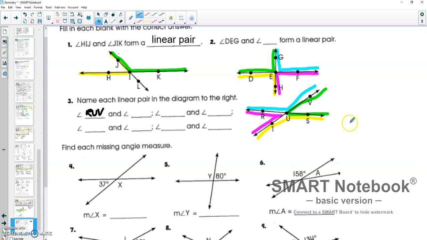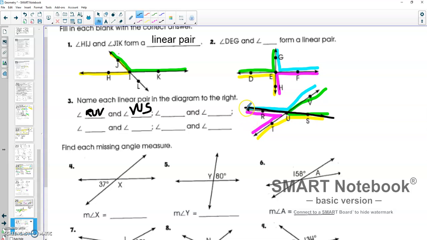This blue RUV, it makes a line with what other angle? I'm looking for a straight line. I know it also pairs with the green one, because if I put those together, I get a nice straight line like that. So that means the blue pairs with the green. VUS. Okay? So the blue pairs with the green.